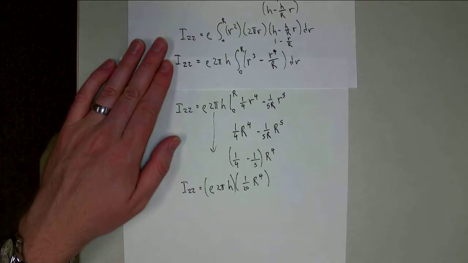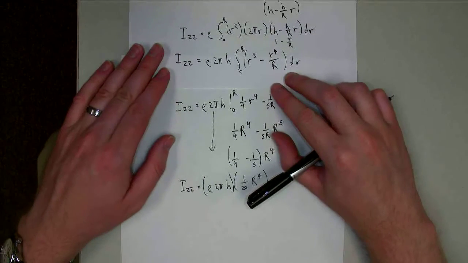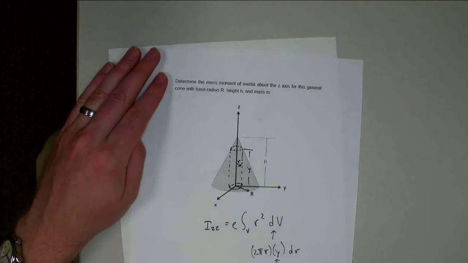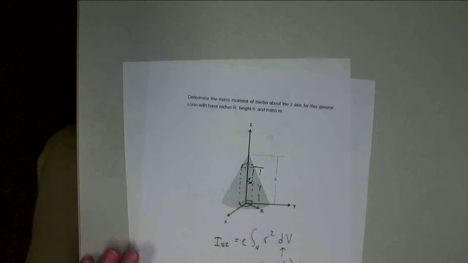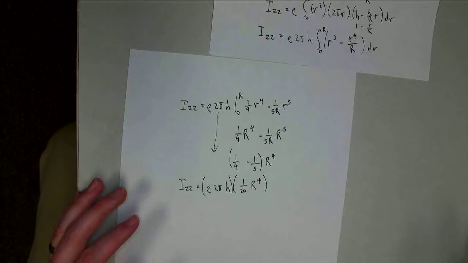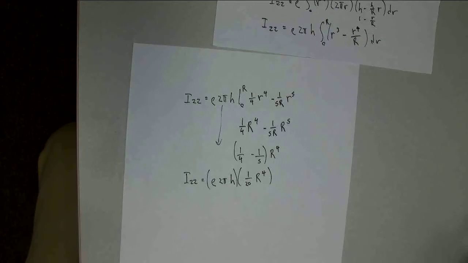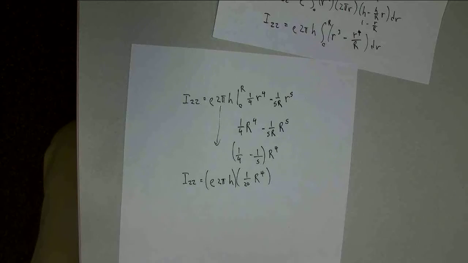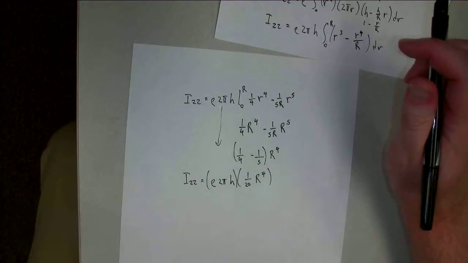Alright, so I want to simplify this a little bit, because one of the things I need to do is put this in terms of my mass, m. And so mass is going to be the density, rho, times the volume. The volume of a cone is going to be 1/3 pi times h times R squared.